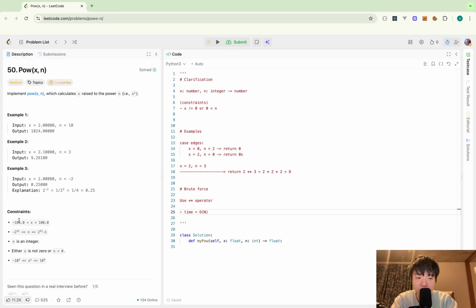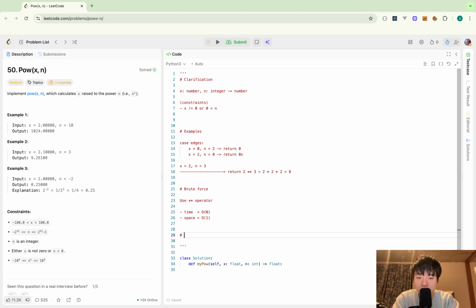And if x is large, it can take a lot of time, obviously, because multiplying larger numbers takes more time than multiplying smaller numbers. For space, it should be constant. I don't need any data structure.